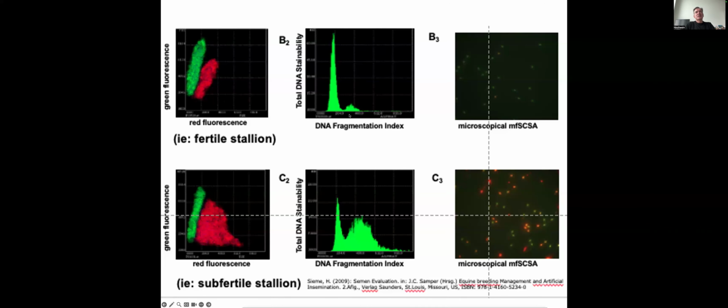You see it here on the histogram on the right side. Here is also damaged sperm with a damaged DNA. And here again you see the population is much higher. You can also have a look under the microscope. You see here only one orange sperm. And here there are a lot of sperm with a red or orange color.